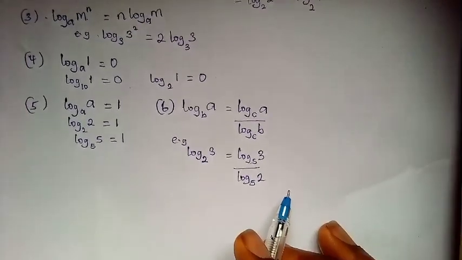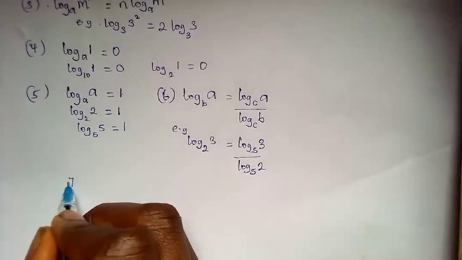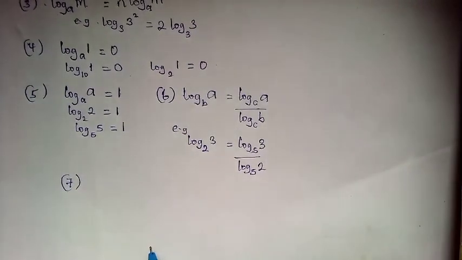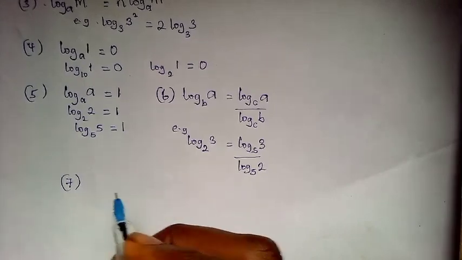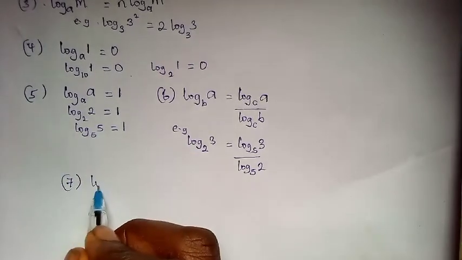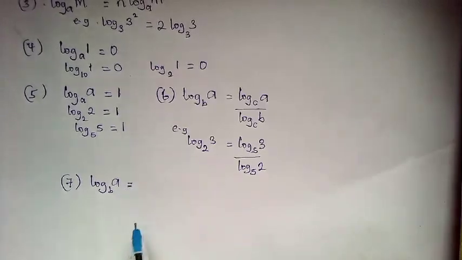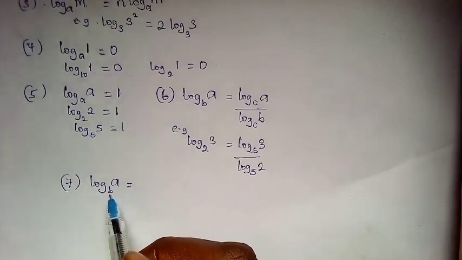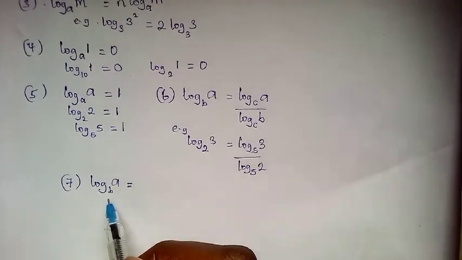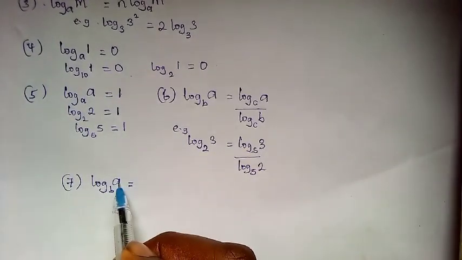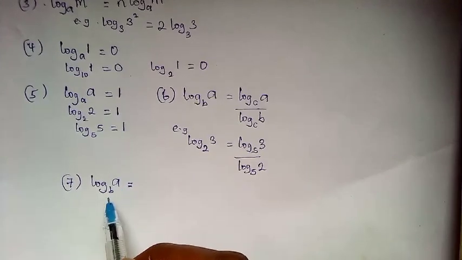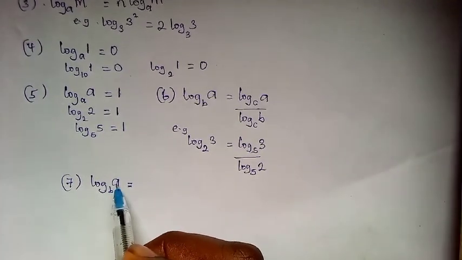Alright, moving over to the next law. The seventh law is called the reciprocal law. The reciprocal law is gotten from the change of base law. In this law, we have the number a and the base b, and you want to change the base to a.